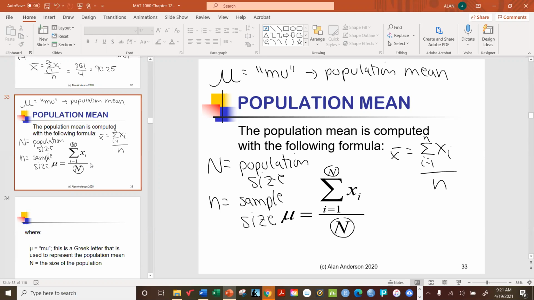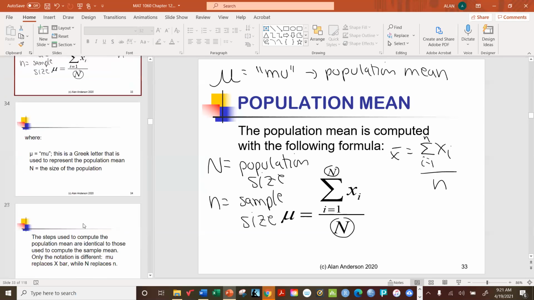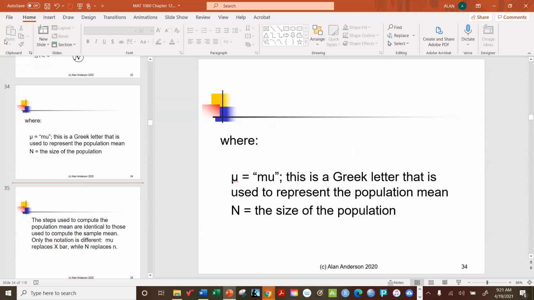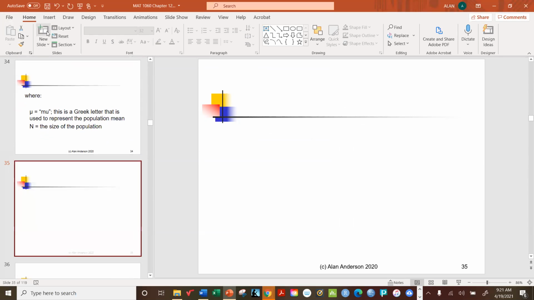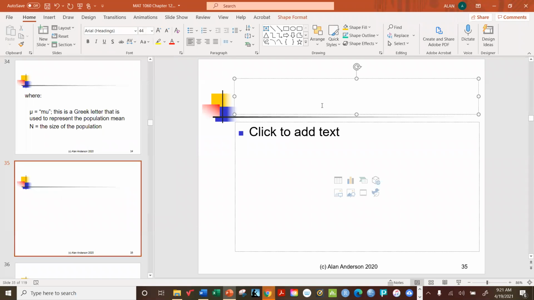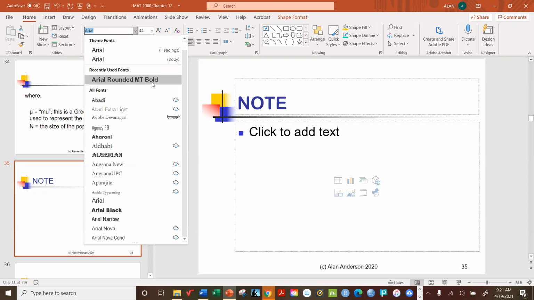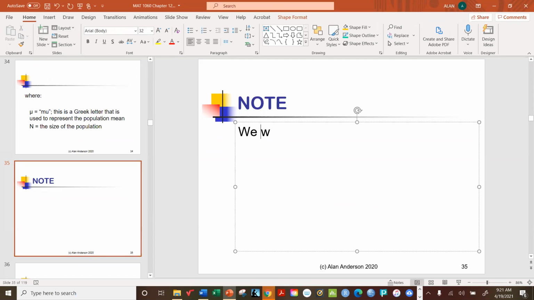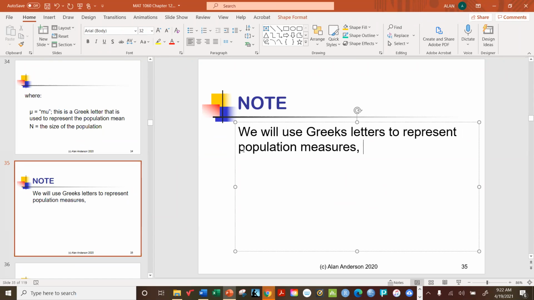Now, here's an important point, just as far as the notation is concerned. Note, and you'll notice this pattern as we go through the chapter, we will use Greek letters to represent population measures and Roman letters to represent sample measures.